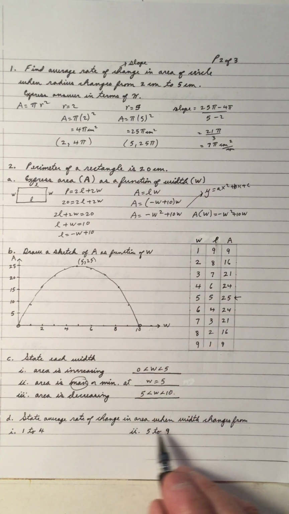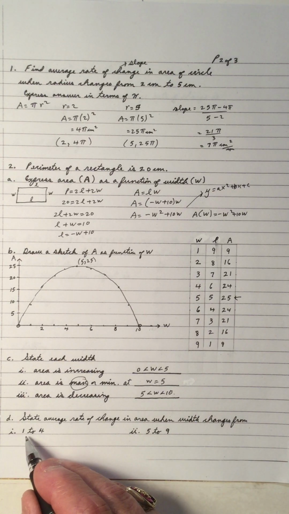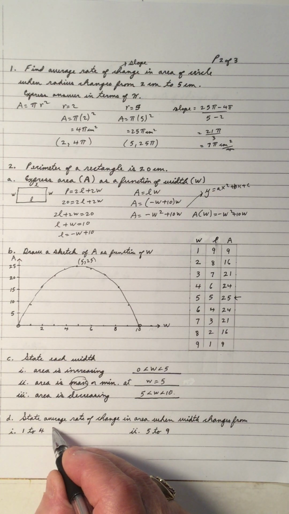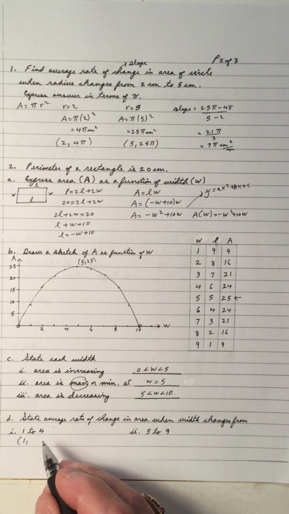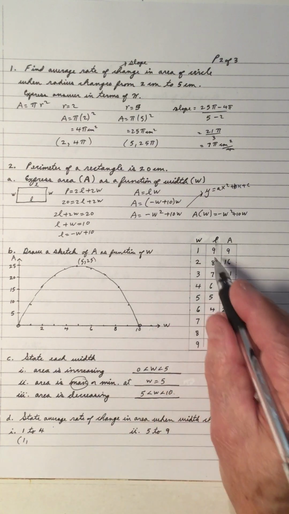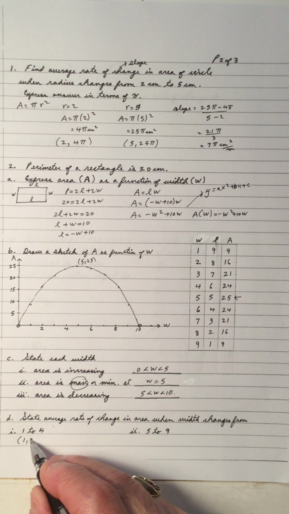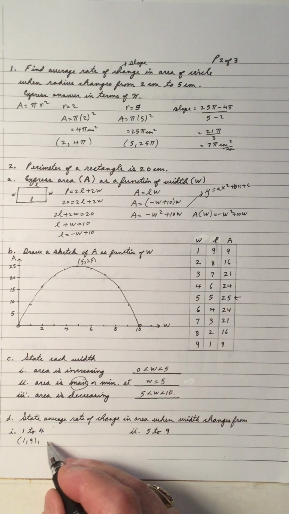State the average rate of change in the area when the width changes from 1 to 4. So 1, I want to make sure you can see this. 1 gives us an area of 9, and 4 gives us an area of 24.